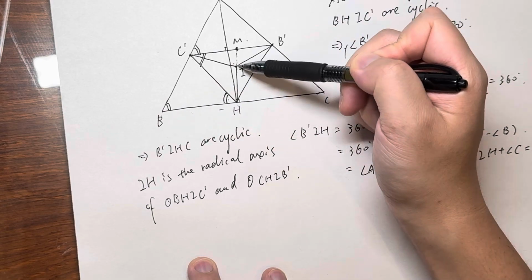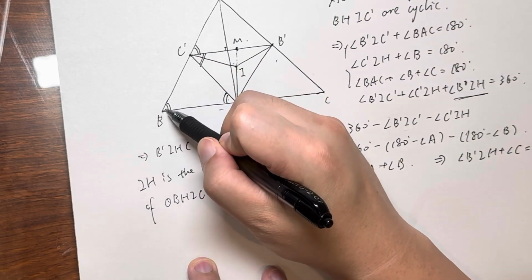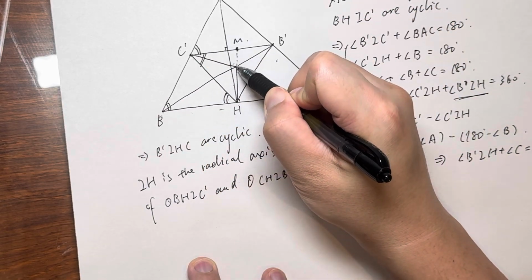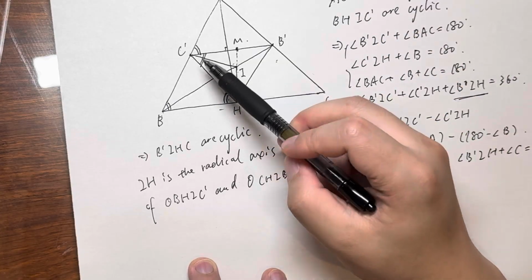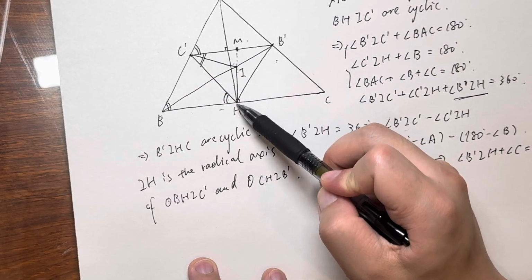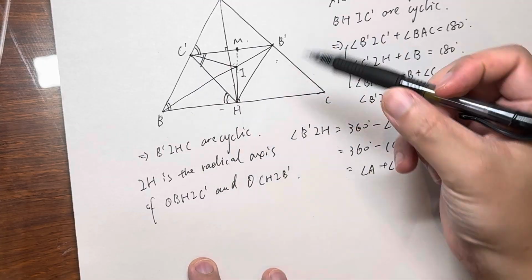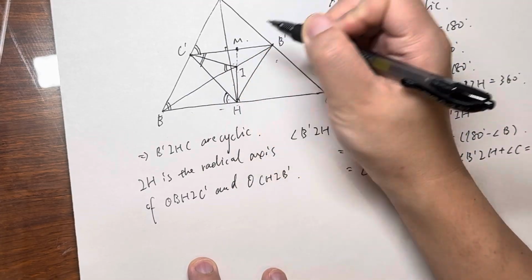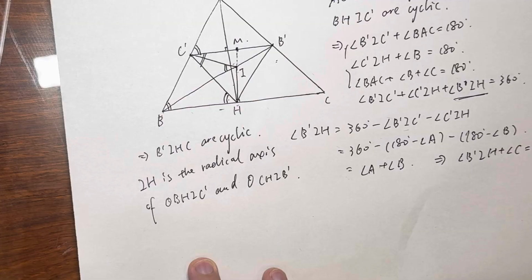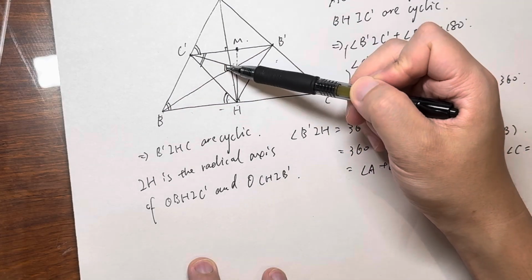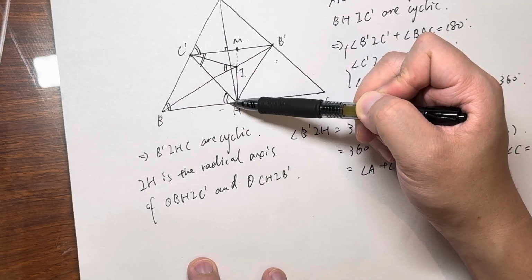quadrilateral BHIC', if we connect BI, we know that the angle C'HB equals to angle C'IB, right? Because this is a cyclic quadrilateral. So we already know that this angle equals to this angle.